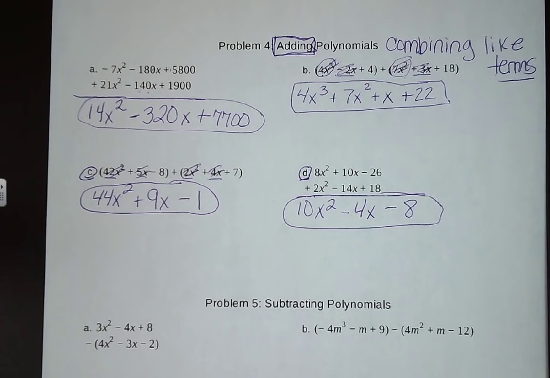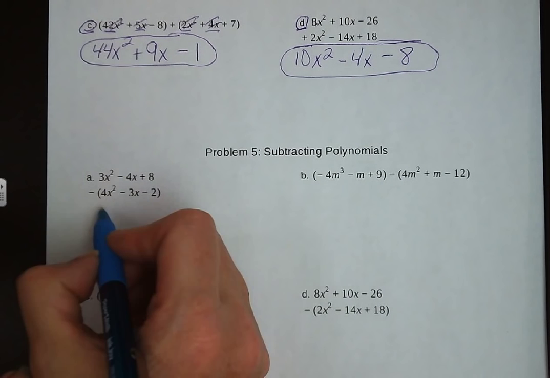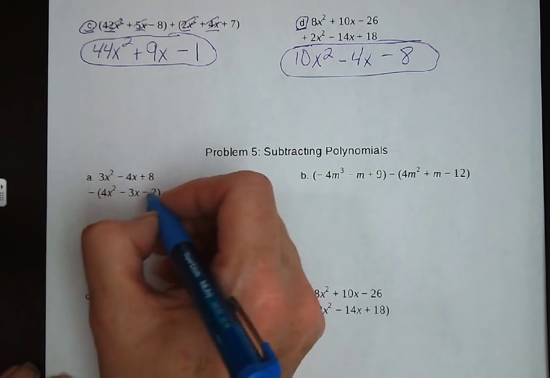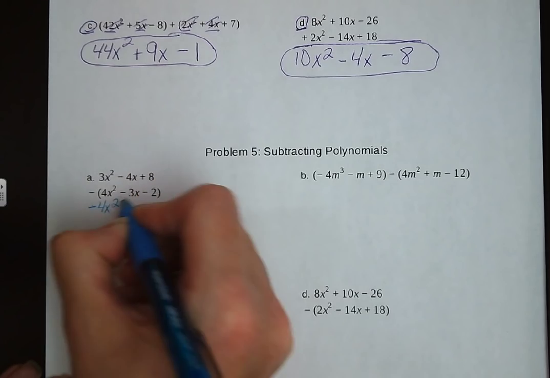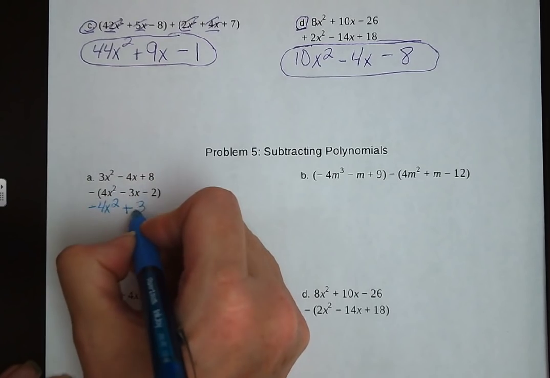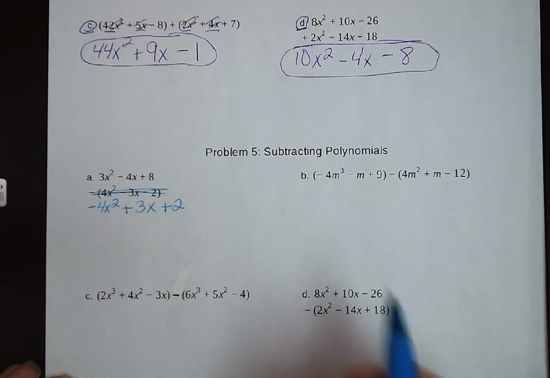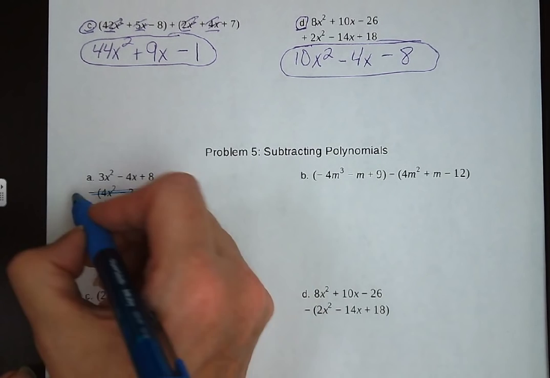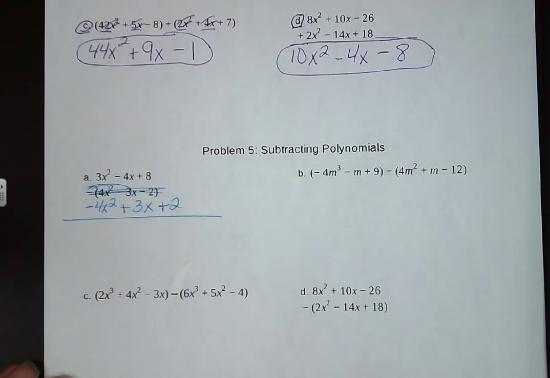Yeah. Okay, problem number 5. We have letter A, 3x squared minus 4x plus 8 minus the quantity 4x squared plus 3x plus 2. What Mrs. Zirzo did is she distributed that negative sign to all 3 terms within the parentheses, because that's what the distributive property tells us.